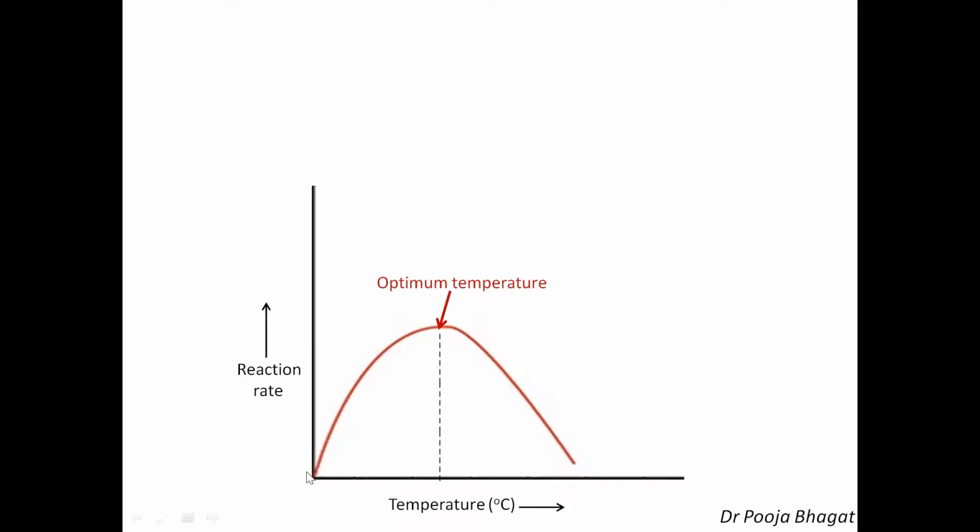So rate of reaction increases linearly, and then this is the optimum temperature. Optimum temperature means the temperature where the enzyme is having the maximum activity. So enzymatic activity is maximum at this temperature, and then if we increase the temperature beyond this, then rate of reaction decreases.